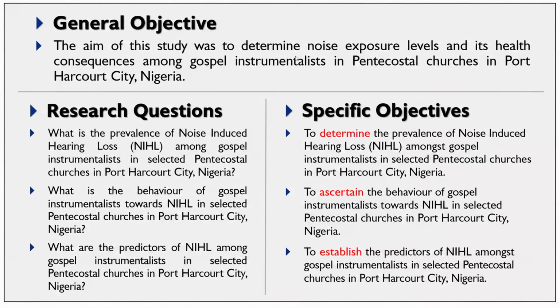The second objective, to ascertain the behavior of gospel instrumentalists towards noise-induced hearing loss. What is the behavior of gospel instrumentalists towards noise-induced hearing loss? So your research question is the question form of your specific objective. They are not supposed to be two different entities. So I just thought I should mention that.